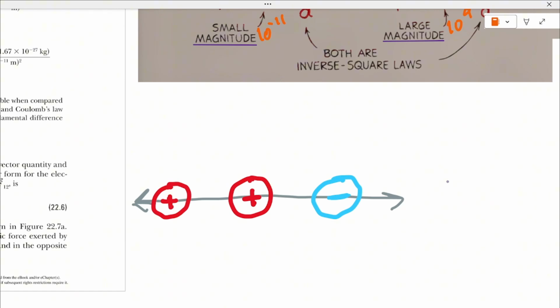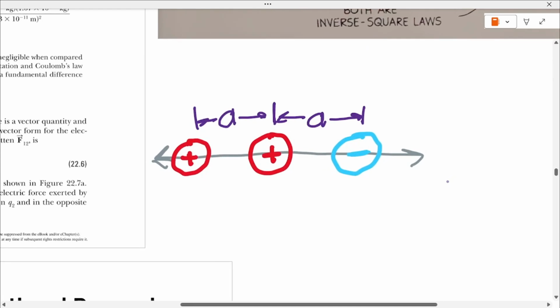Now say they are all an equal distance apart, distance a. And say we want to find the net force on the center charge from the other two charges.